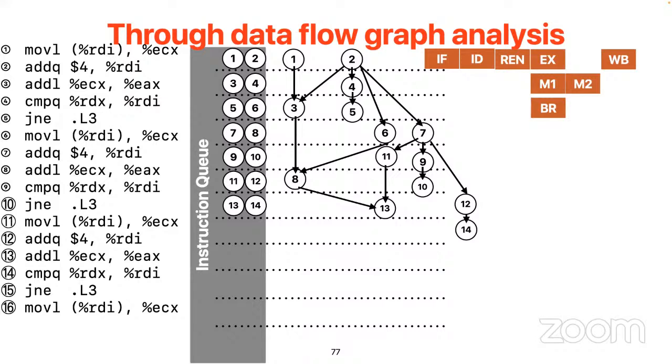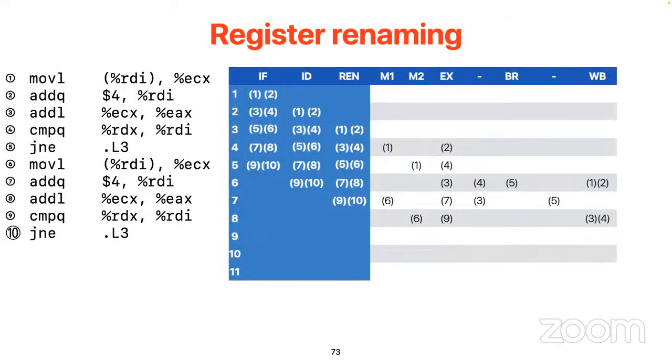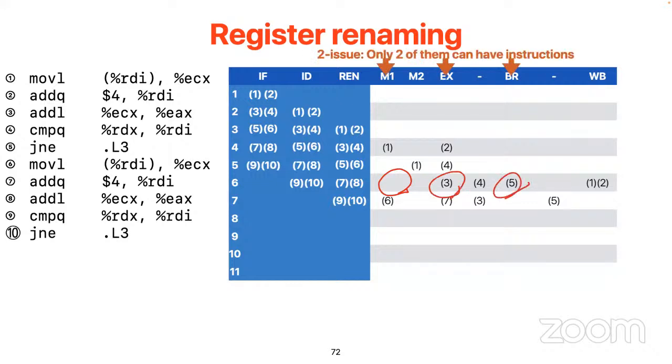The reason why I invented another representation is that a lot of us are confused about why, for some instruction, I can't execute it earlier, like this 6. Why can't I move it up? The reason is just because we have only 2 issues. In the previous representation, you will figure out that the reason why I cannot put 6 into execution at this time is that we already used 2 of our issue slots, so you cannot have anyone here anymore.